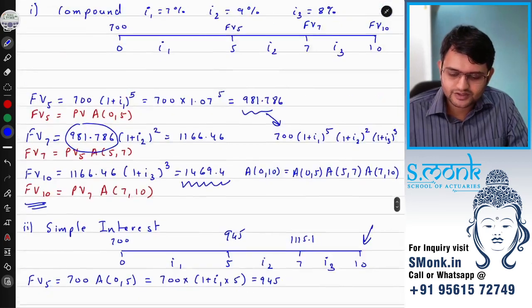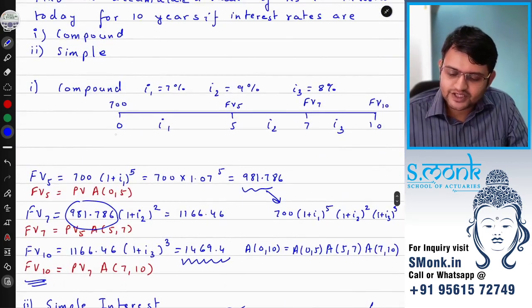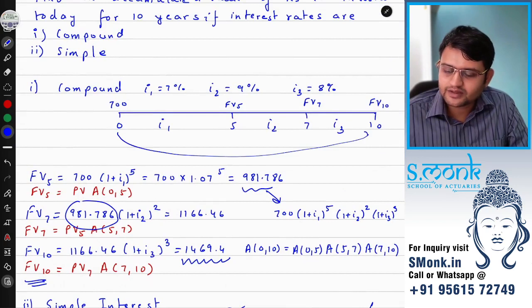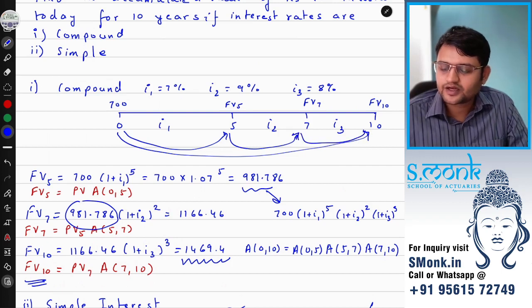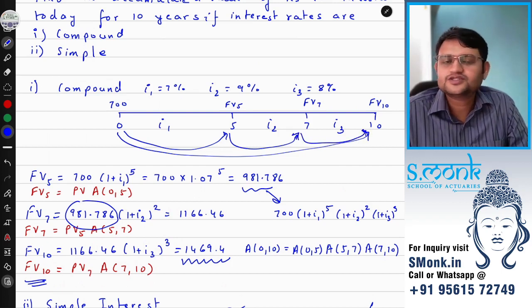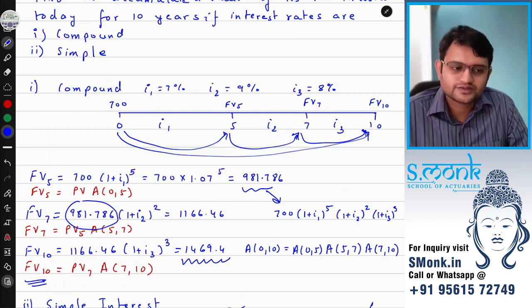That means when we are investing from time 0 to time 10, or we are investing from 0 to 5, 5 to 7, and then reinvesting 7 to 10, this path should not matter. We should get the same returns.